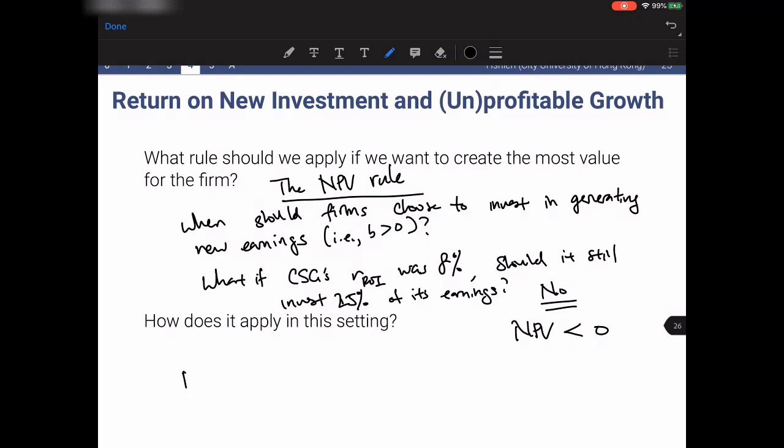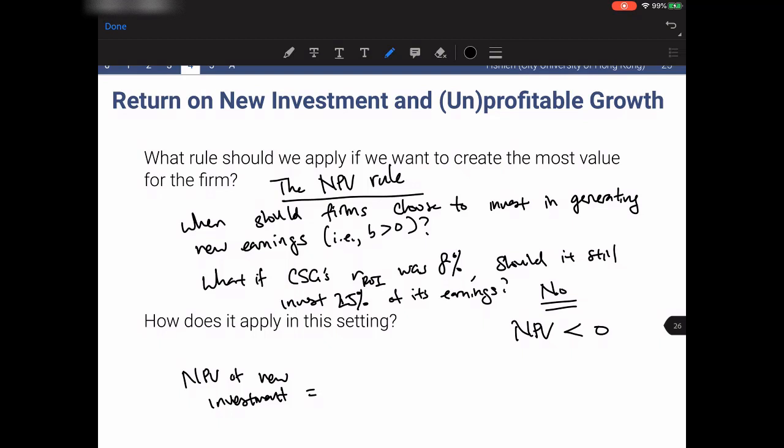So the NPV of new investment is equal to, in the CSG example, or in any stock example actually, assuming infinite periods, it's simply the growth rate of the dividend earnings payments divided by the discount rate, right?